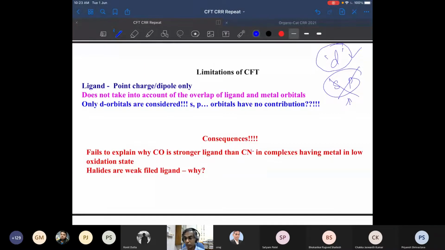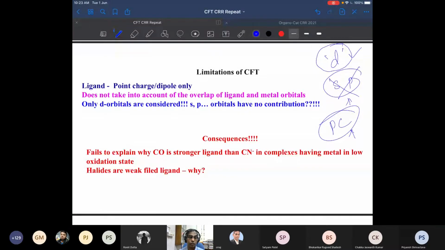Another very important thing is that all the ligands are considered as point charges. This I have discussed earlier. If the point charge assumption is perfectly correct, then the spectrochemical series must be wrong. But that is not correct.